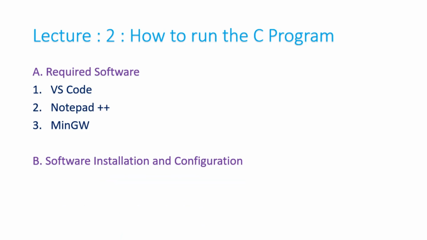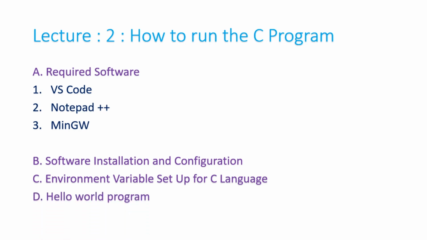I will guide you step by step. After that I will guide you on how to set up the environment variable for the C programming language, and in the last we will write a Hello World program so that you learn how to write your first program in the C language.